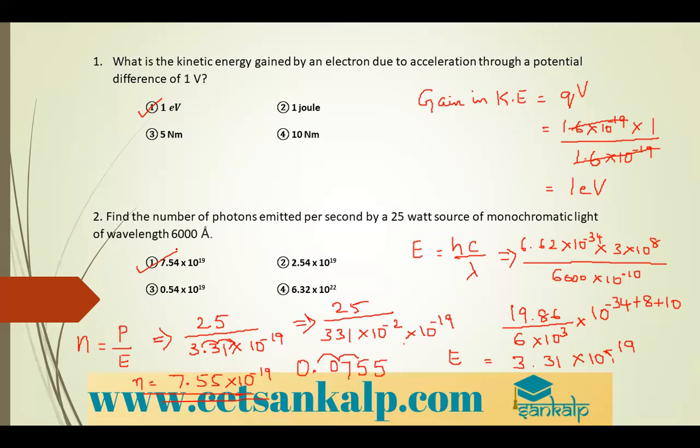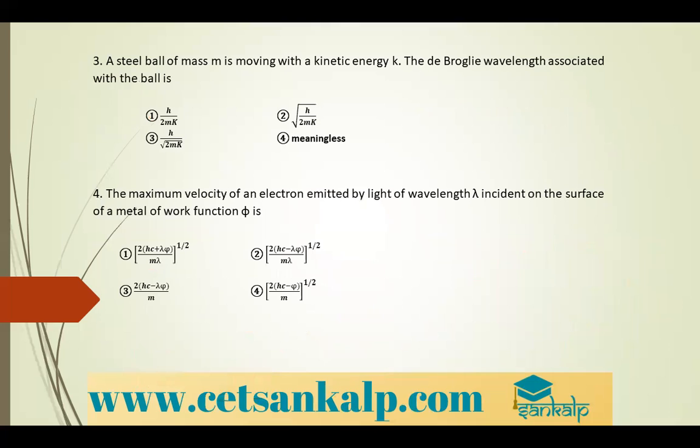So you understood, right? Okay, next problem, see. A steel ball of mass m moving with a kinetic energy, the De-Broglie wavelength associated with the ball is.